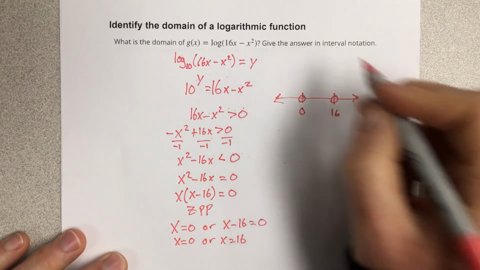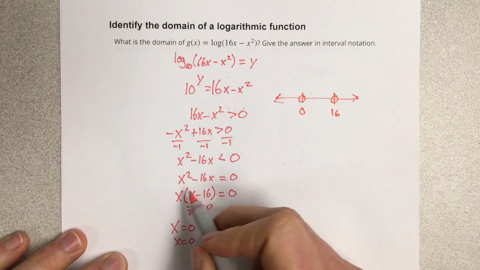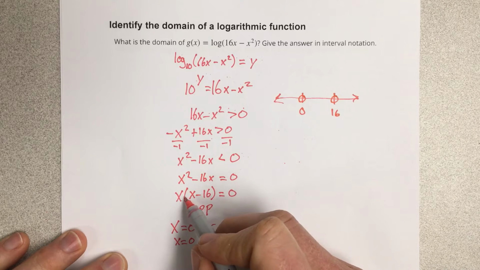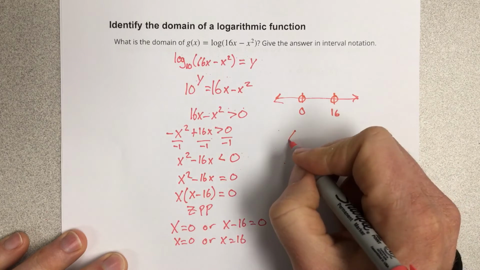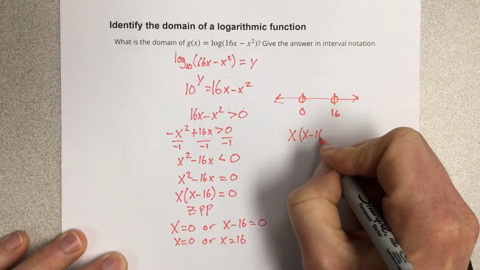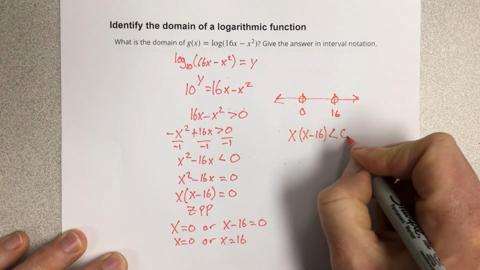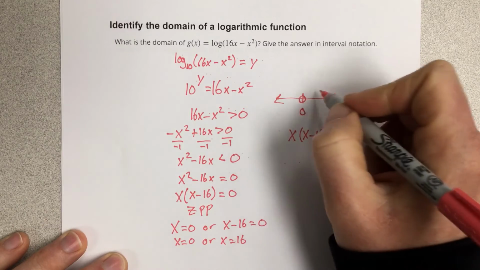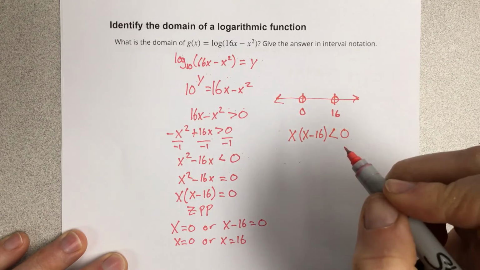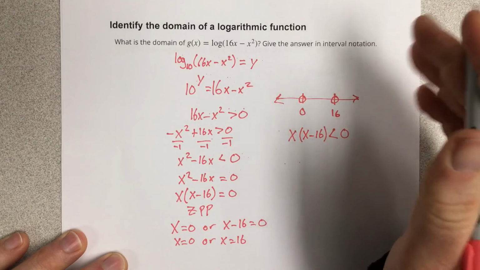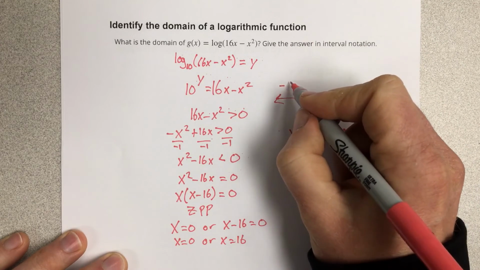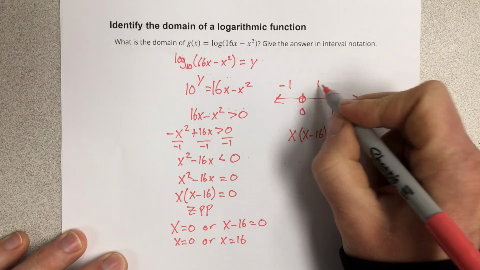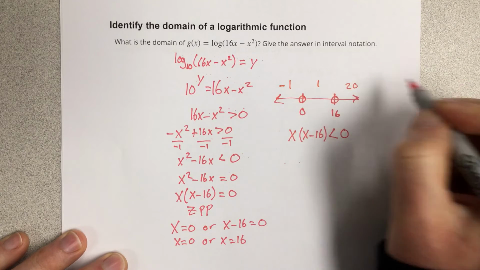And then I'm going to take this version of it, the x parentheses x minus 16. So x times x minus 16 has to be less than 0 from that inequality. I'm going to start plugging numbers in these different regions to see where the domain values are. So I'm going to plug in negative 1, 1, and 20.